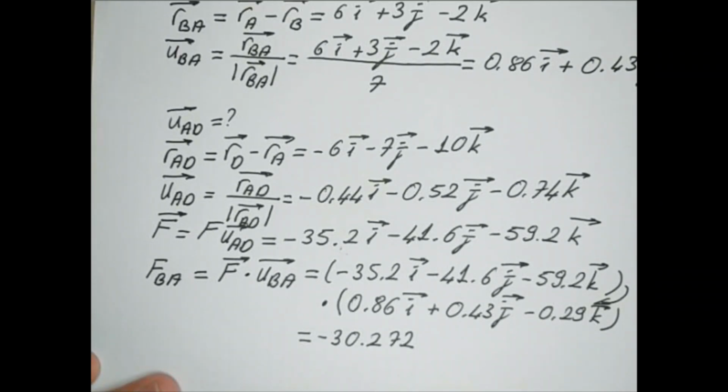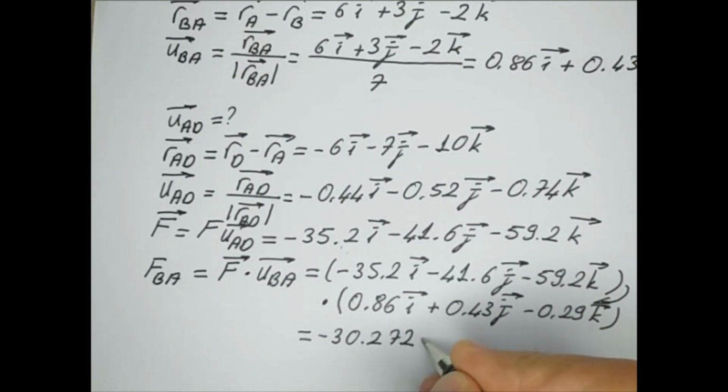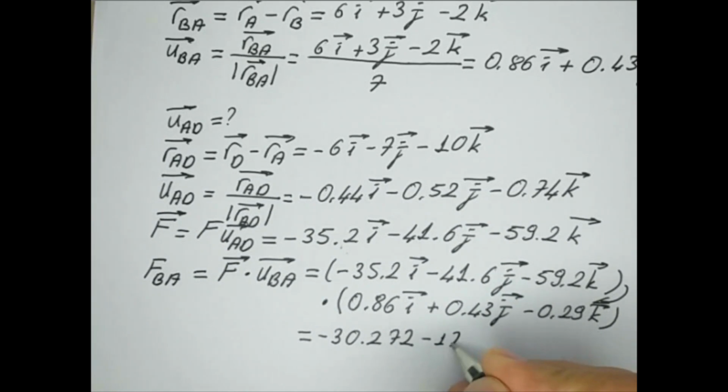I multiply a negative value with a positive 0.43. So this is minus 17.8.